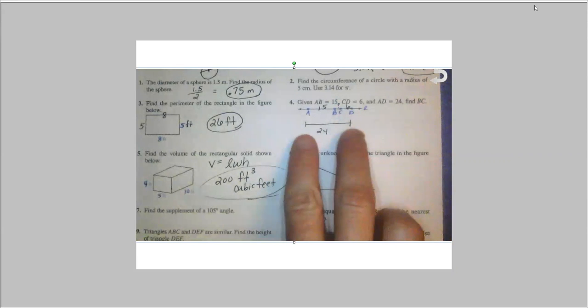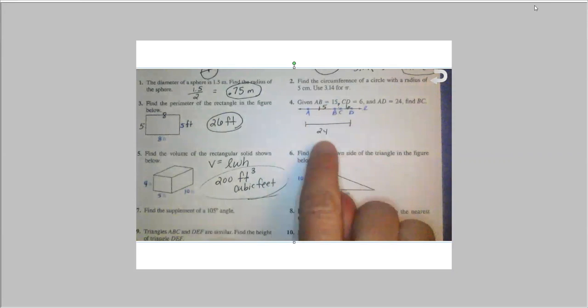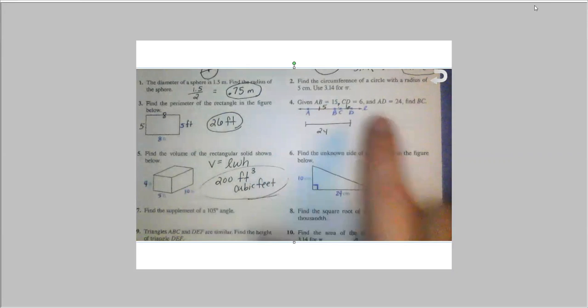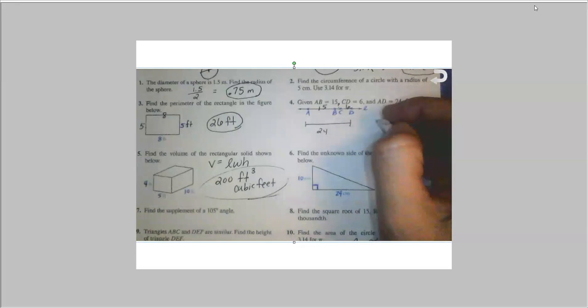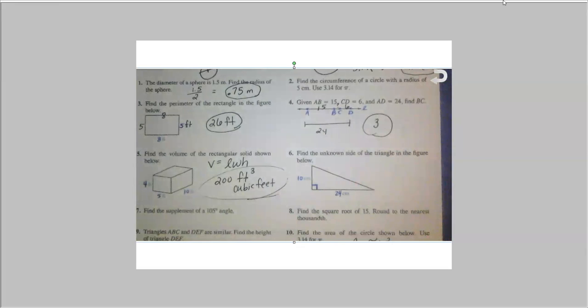So if we know the whole length, I can subtract the two amounts that I know, and that should give me my leftovers here. So essentially I'm going to say 24 minus 15 minus 6. And what will be left over is 3 units. There's no label here, so we'll just call that units.